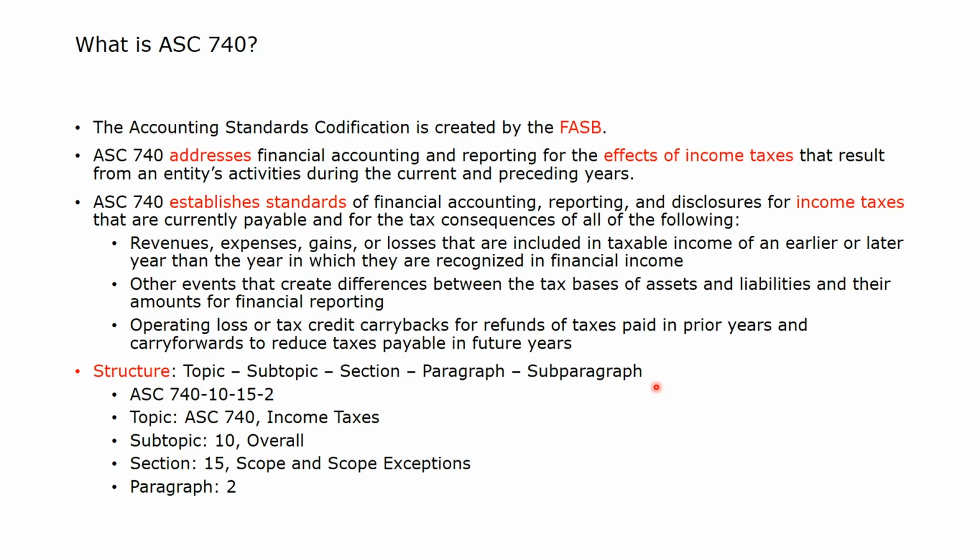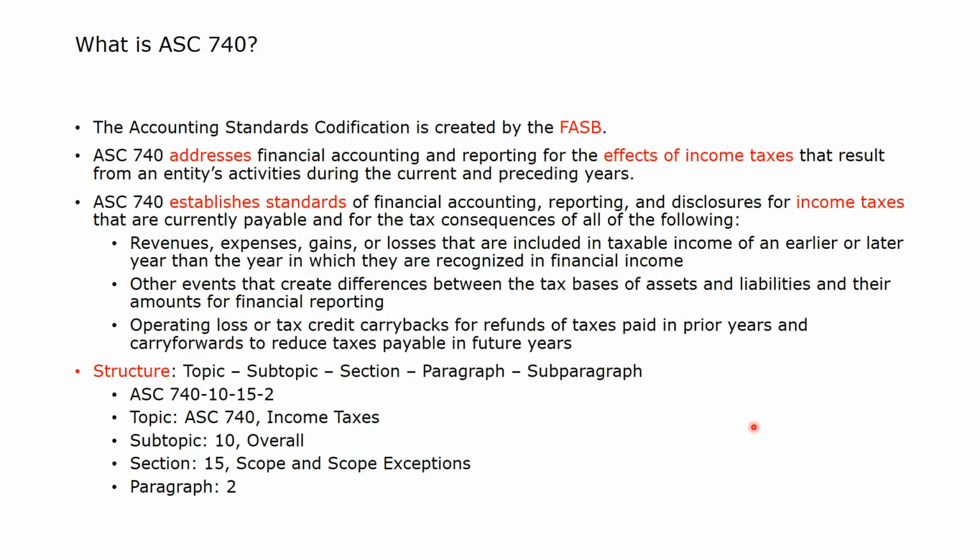I put just a general ASC 740 cite here, just so you can see how it would play out. Here the cite is ASC 740-10-15-2. This stands for: we have topic ASC 740, income taxes. We have subtopic 10, which is titled overall.